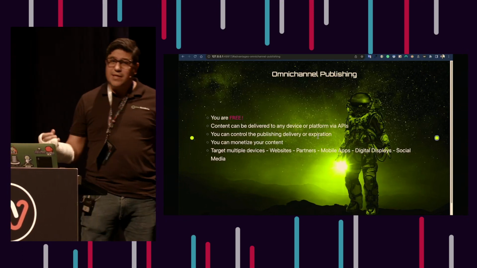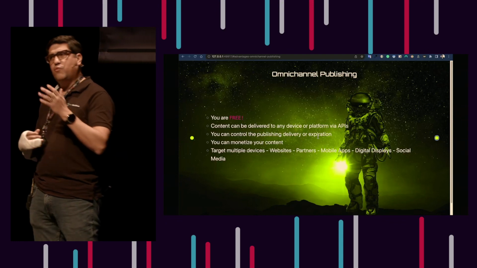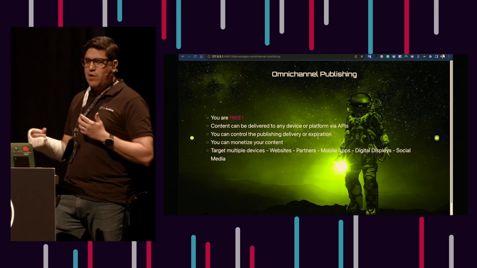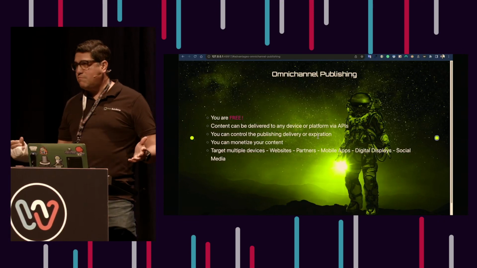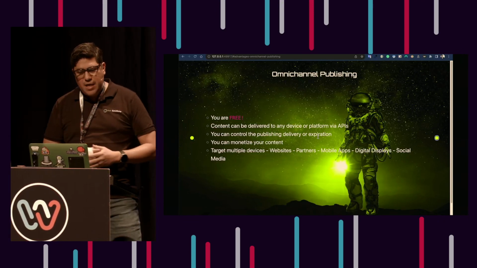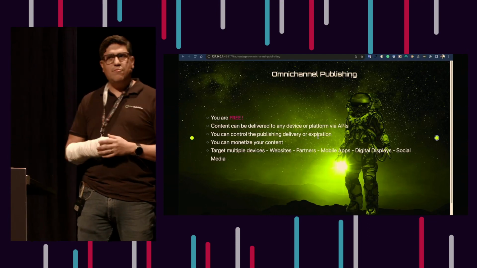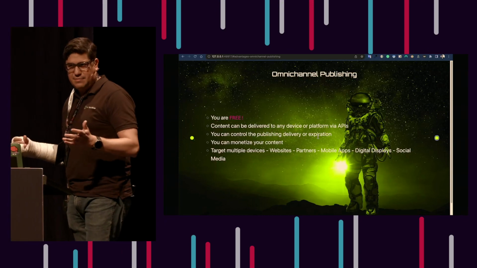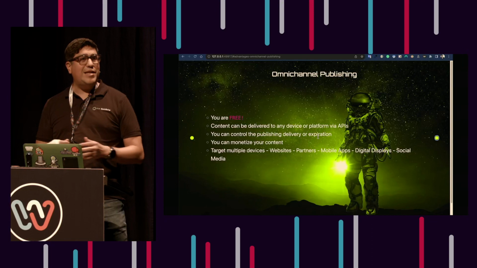You can monetize your content. You can do API throttling, you can do rate limiting, and you can provide different strategies and even create an ecosystem to build an e-commerce platform if you wanted to. So you can target multiple devices, multiple websites, partners, mobile applications, you name it. This is the point: giving you this freedom to publish to any channel.